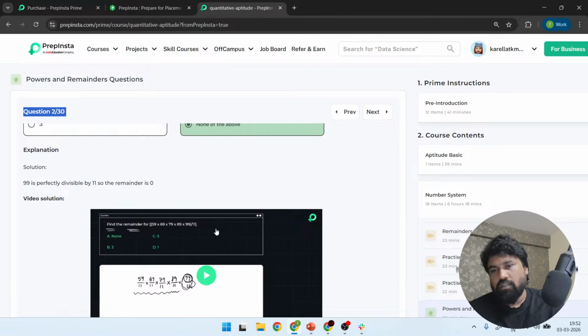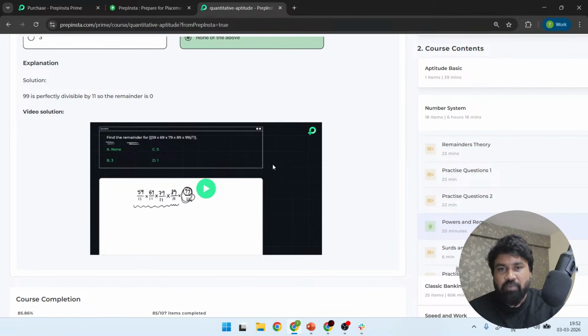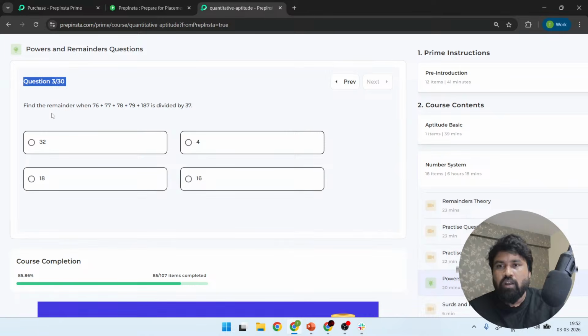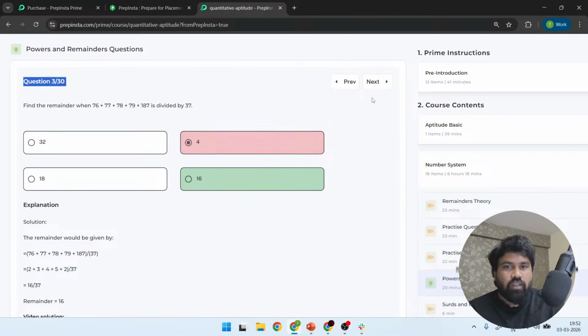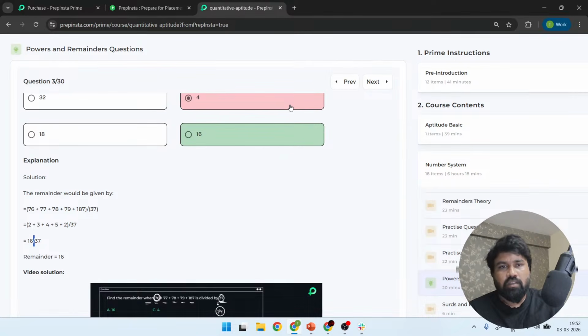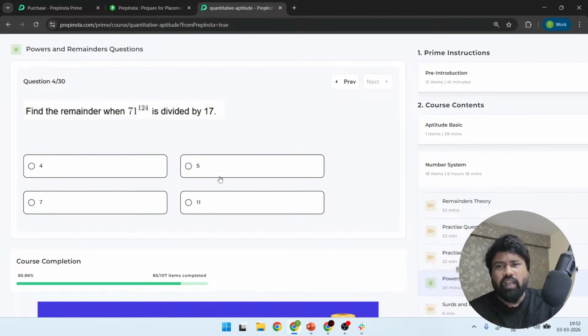I also have explanation videos there. And the remainder when you add all these numbers and divide by 37. So you have to do all these problems, guys. See, you will get 16 as the remainder. So formulas and doing, that's it.